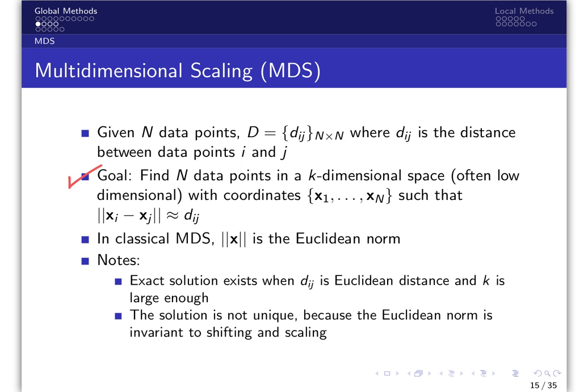Consequently, scaling techniques attempt to find configurations in k less than n-1 dimensions such that the match is as close as possible. In classical multidimensional scaling, Euclidean distance is used. The solution is not unique because the Euclidean norm is invariant to shifting and scaling. Therefore, Procrustes analysis, which rotates and stretches or shrinks, can be applied.